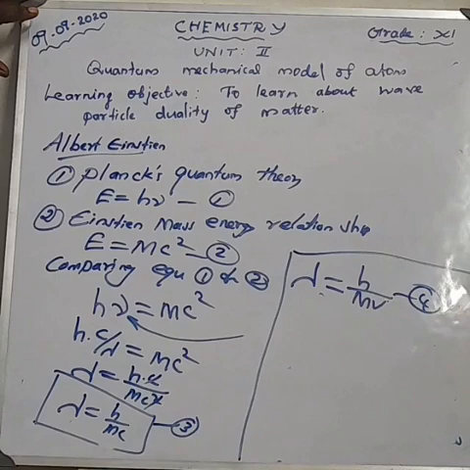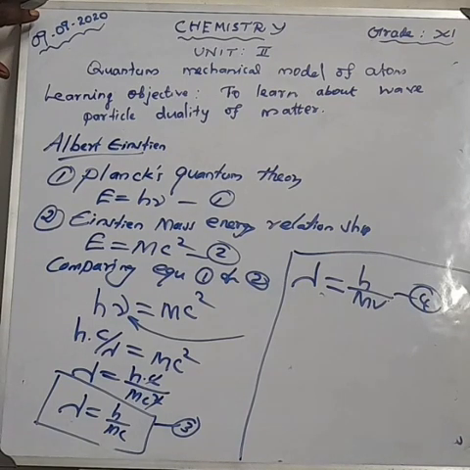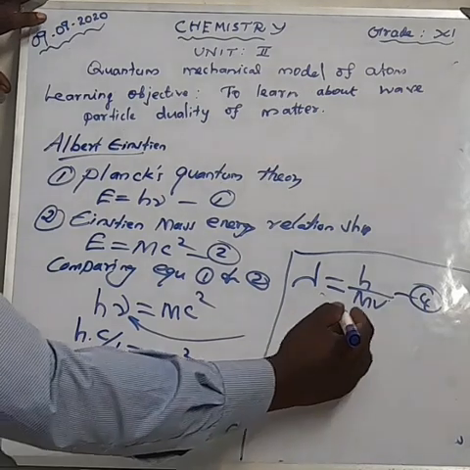For a particle of matter with mass m and moving with velocity v, the equation can be written as lambda is equal to h by mv. Here mv means the momentum of the particle.